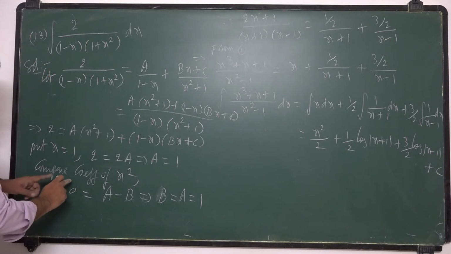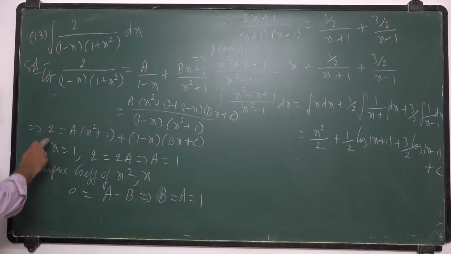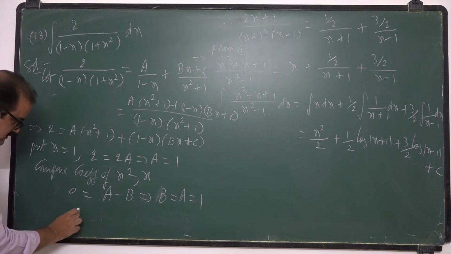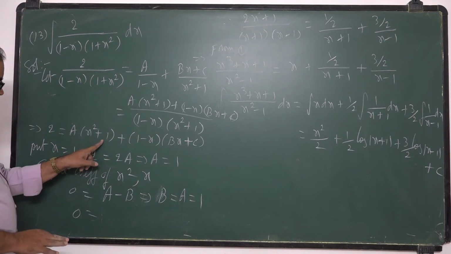Next we find the C value. Next compare the coefficient of x also. There is no x in the LHS, so 0 is equal to... In the first term there is no x.